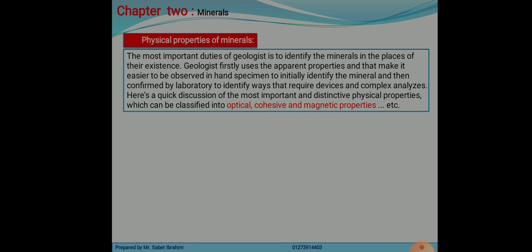The most important duty of geologists is to identify minerals in the places of their existence.